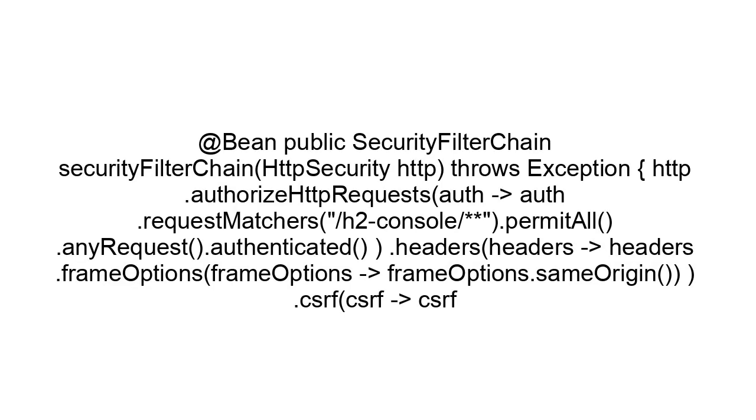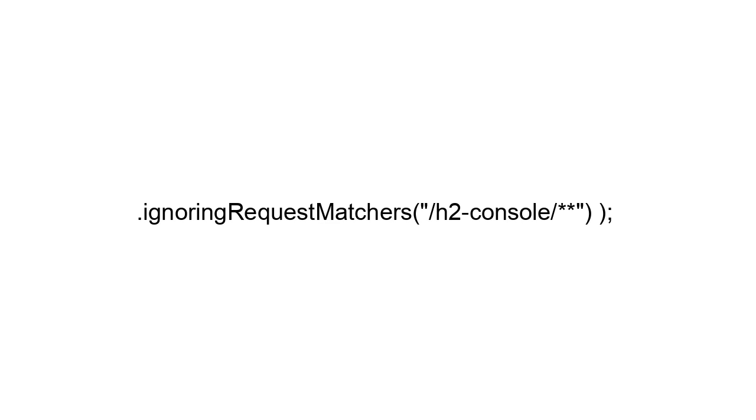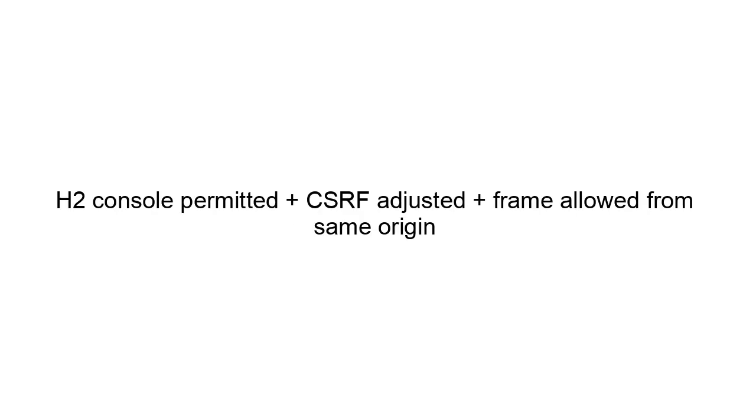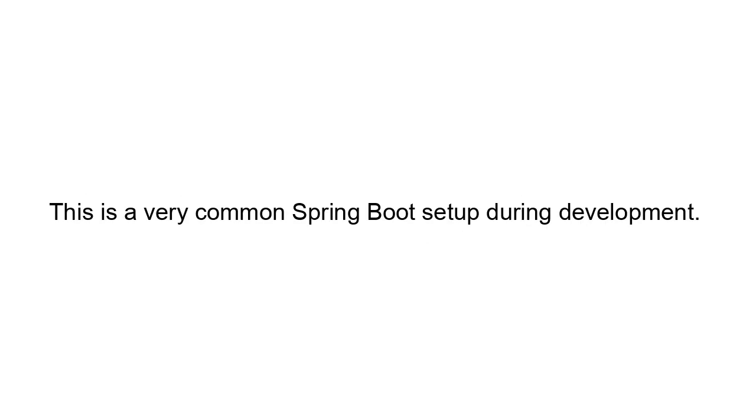Example: @Bean public SecurityFilterChain securityFilterChain(HttpSecurity http) throws Exception { http.authorizeHttpRequests(auth -> auth.requestMatchers("/h2-console/**").permitAll().anyRequest().authenticated()).headers(headers -> headers.frameOptions().sameOrigin()).csrf(csrf -> csrf.ignoringRequestMatchers("/h2-console/**")); return http.build(); } Example concept: H2 console permitted plus CSRF adjusted plus frame allowed from sameOrigin. This is a very common Spring Boot setup during development.